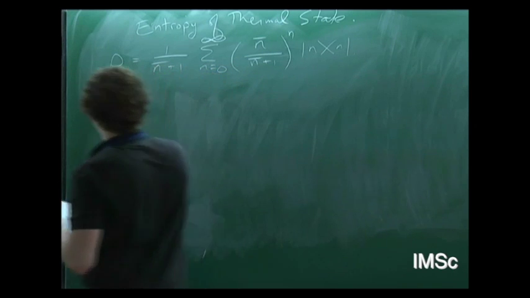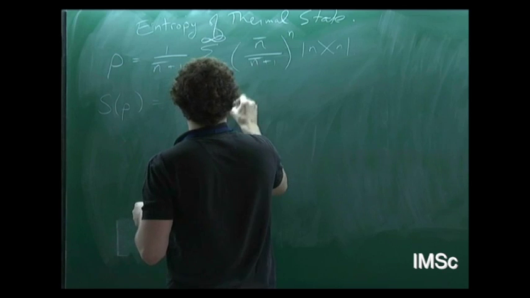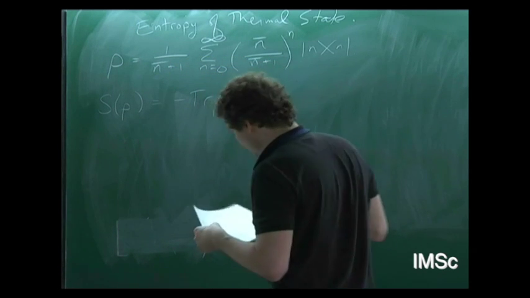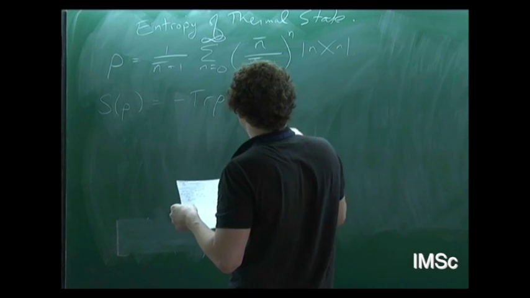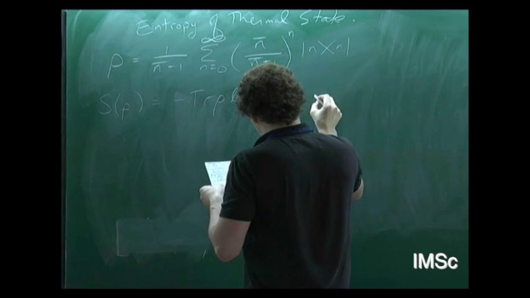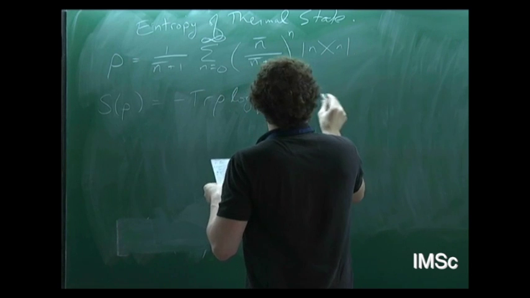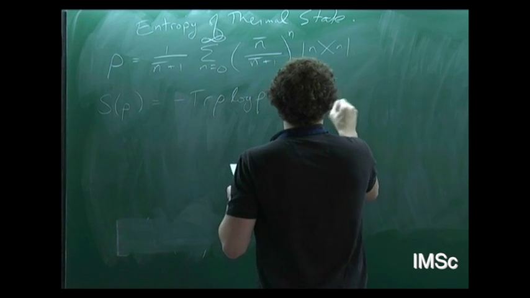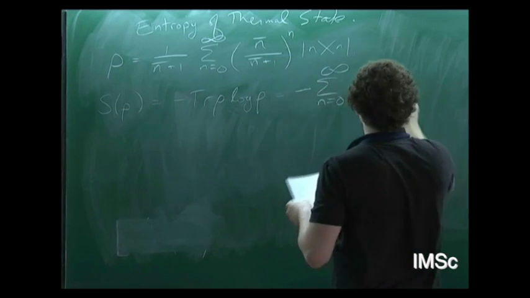And remember, the entropy of a state rho is equal to minus trace of rho log rho. Today we'll make it a natural log because things are more convenient that way. And we can rewrite this now in the number basis. So that's going to be equal to the sum from n equals 0 to infinity. I'm going to put a minus sign. I have to put this probability.